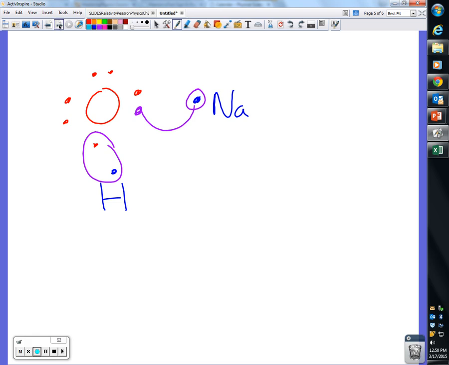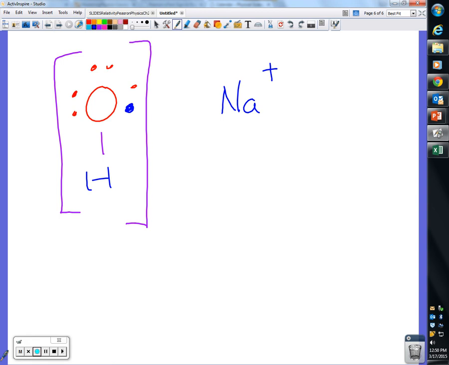But here, all of the electrons and protons within that purple bracket didn't all come from the oxygen and the hydrogen, right? This electron here originally was over here on sodium, meaning there are now more electrons than protons inside that purple bracket.